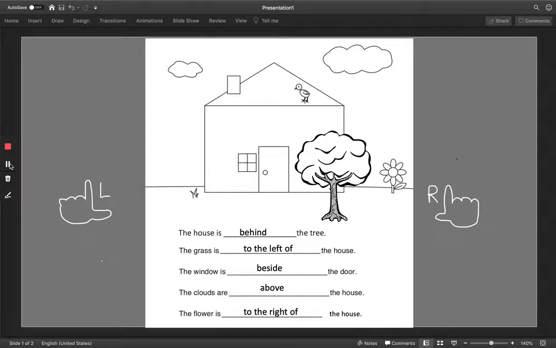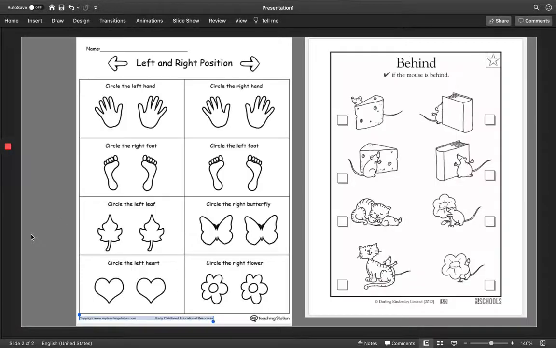As an extra activity, Miss Flores found us these great worksheets that you can practice. This worksheet will help you with your left and right. So for the first example, we see hands. And Ms. Martinez just showed you how to tell the difference using your index finger and your thumb. Okay? And now that you know that, you can do the same thing with your feet.